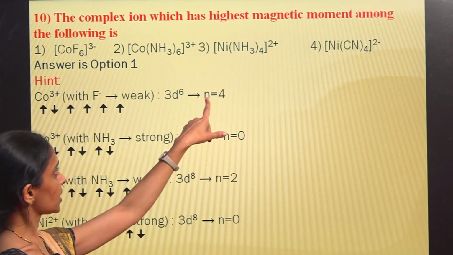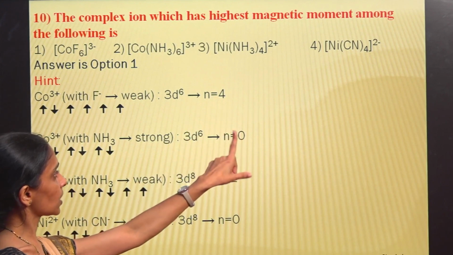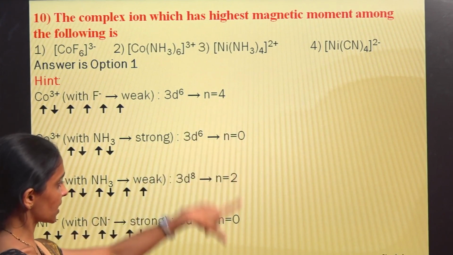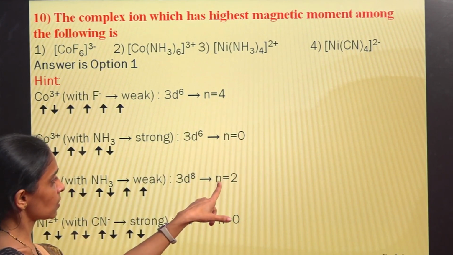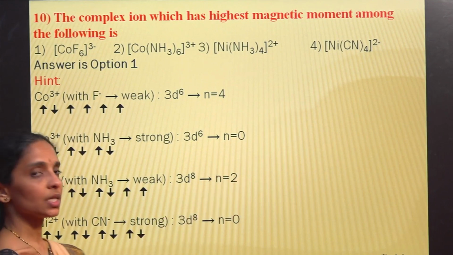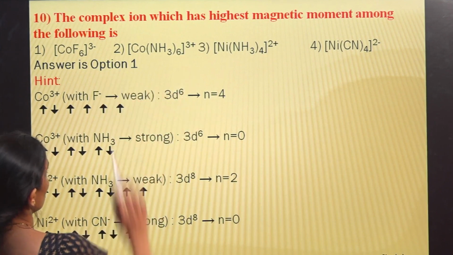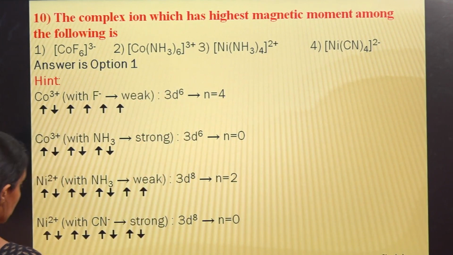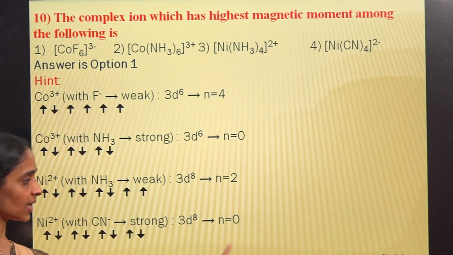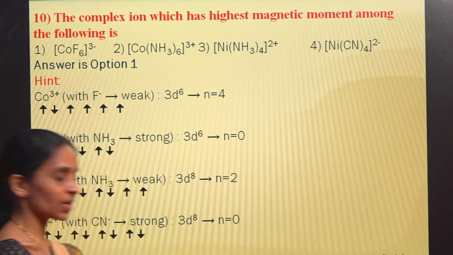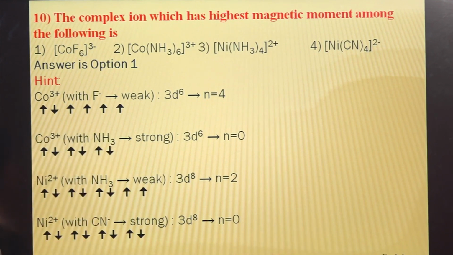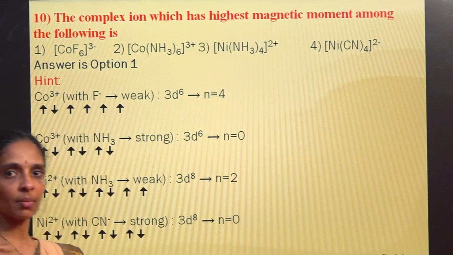You can see in the hint, the first complex has 4 unpaired electrons, the second and the fourth have no unpaired electrons, and the third complex has 2 unpaired electrons. So highest being 4, that is the answer. Thing to note from this question is NH3 is a medium field ligand. With cobalt it brings about pairing, and with nickel it doesn't bring about pairing.